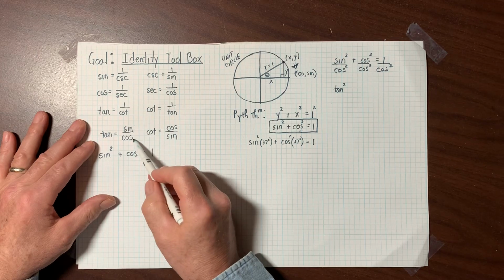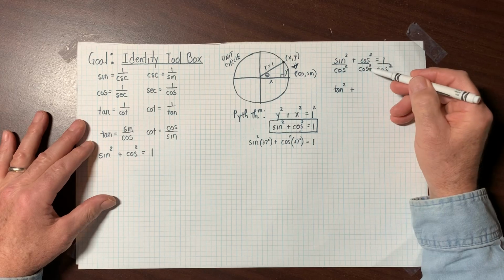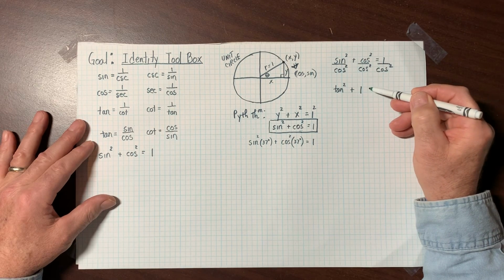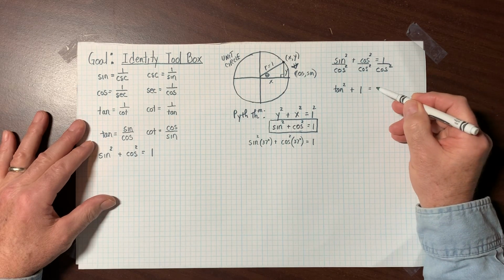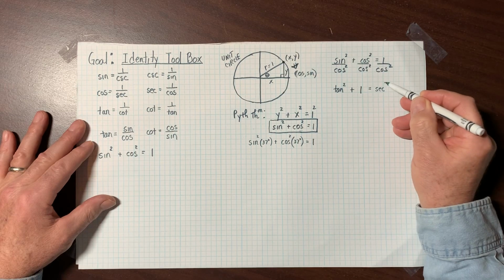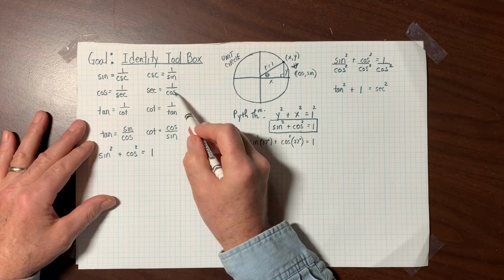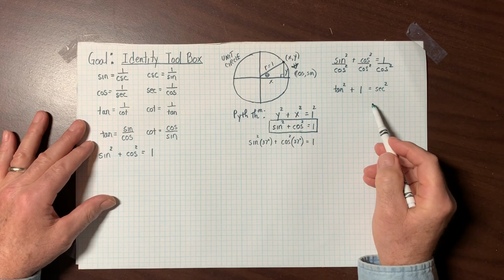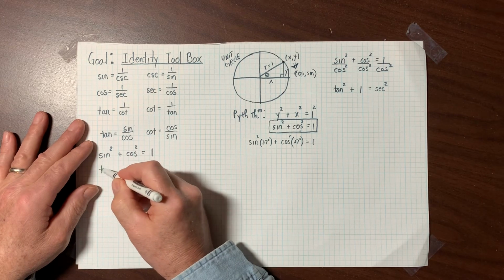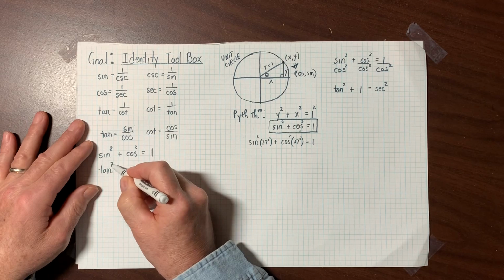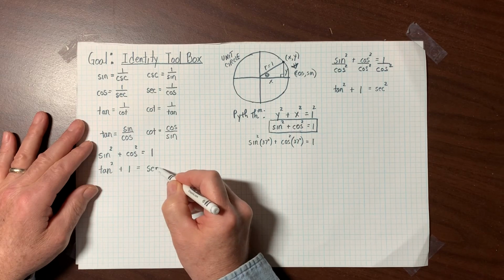So sine squared over cosine squared would have to be tangent squared. Plus, cosine squared over cosine squared is 1. 1 over cosine squared would be secant squared. And again, if 1 over cosine is secant, then 1 over cosine squared would be secant squared. This is your 10th tool in your identity toolbox. Tangent squared plus 1 is equal to secant squared.